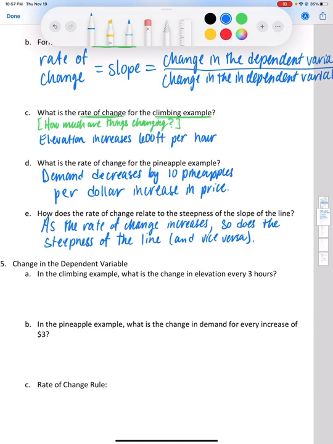As the steepness of the line increases, the rate of change increases, because you can also increase the steepness of the line and then see how the rate of change increases.